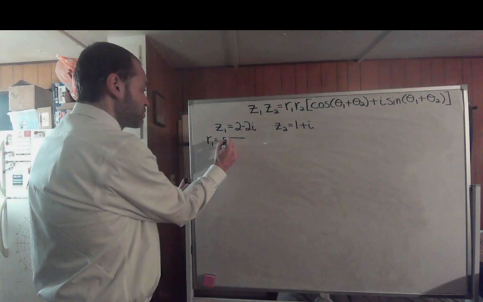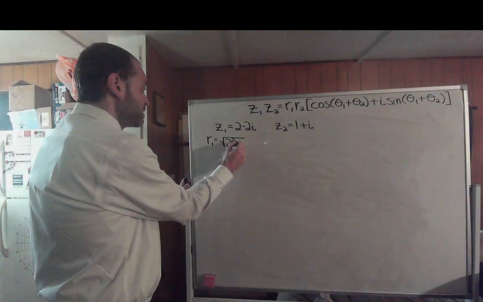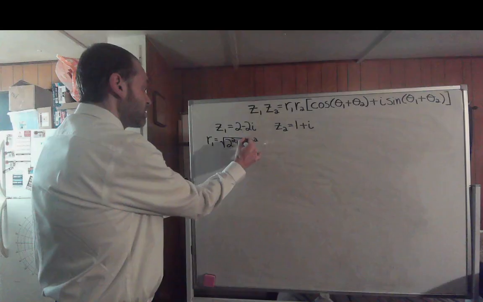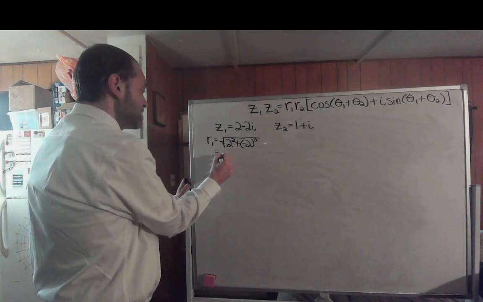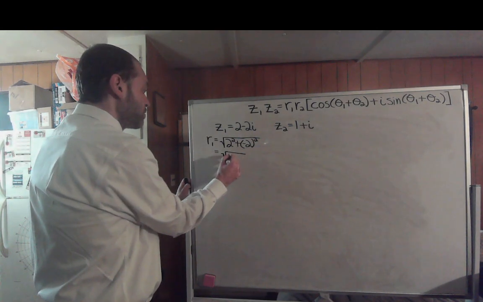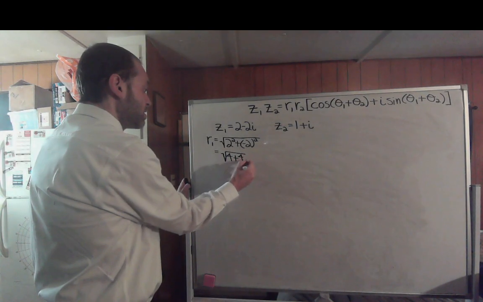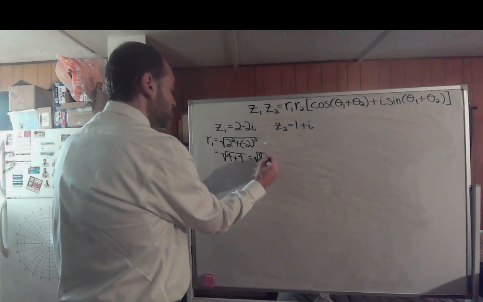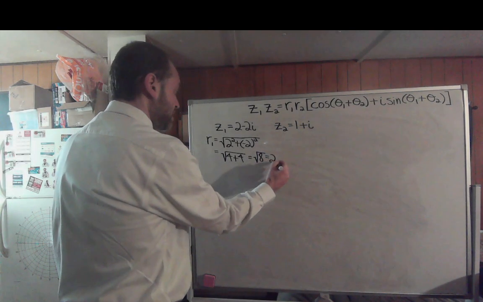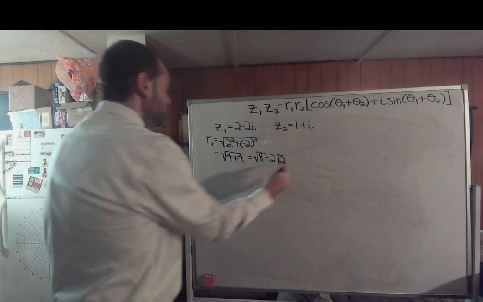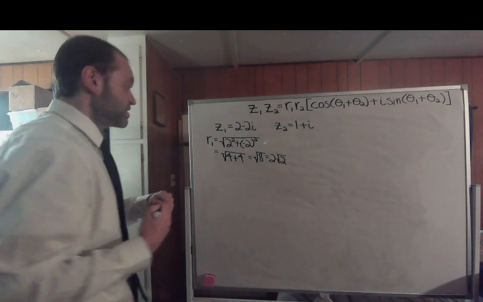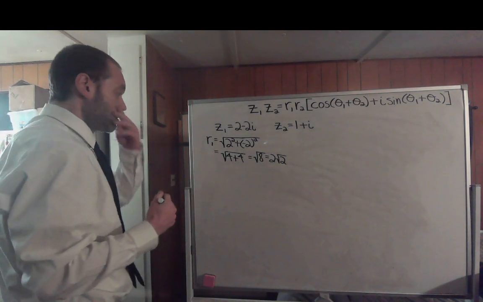So that would be the square root of 2 squared plus negative 2 squared, which is going to end up equaling the square root of 4 plus 4, which is the square root of 8, which would end up equaling 2 times the square root of 2. So we found r1.